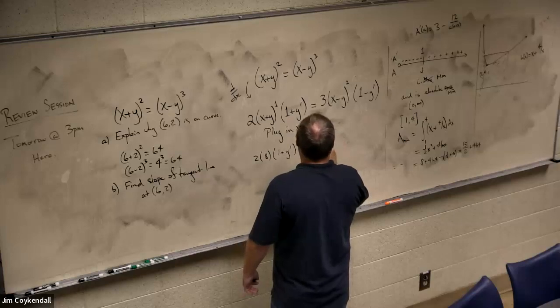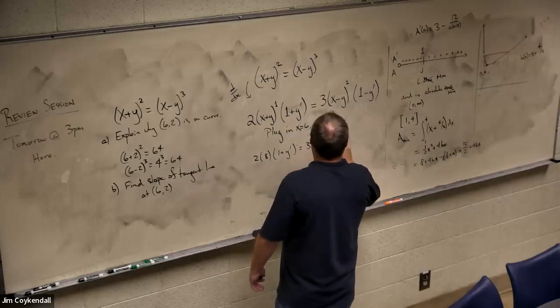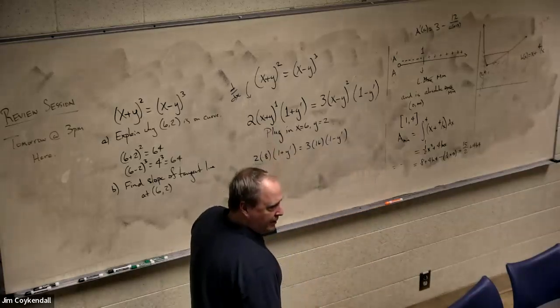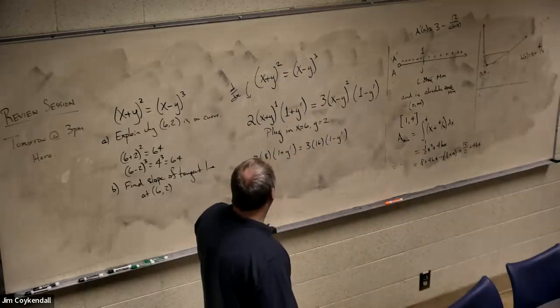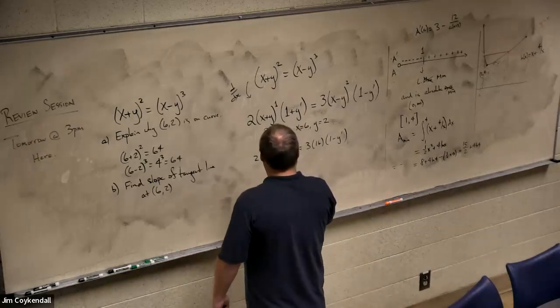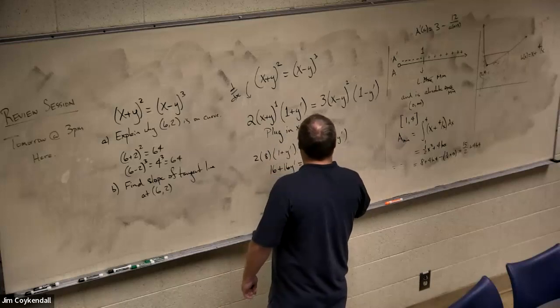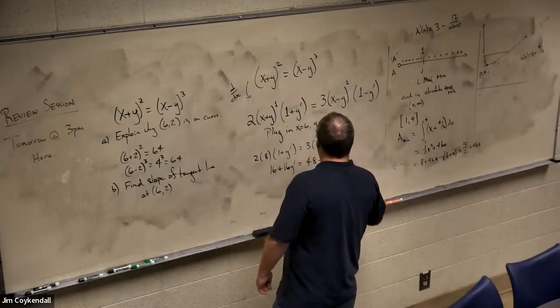So 4 squared is 16, times (1 minus y prime). So this is 16 plus 16 y prime equals 48 minus 48 y prime.